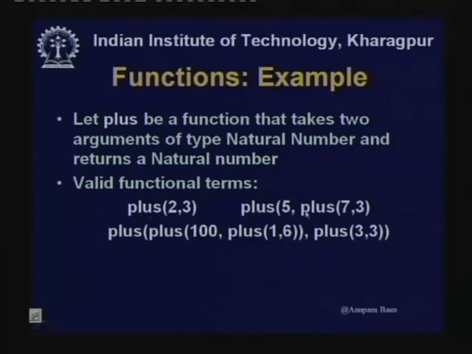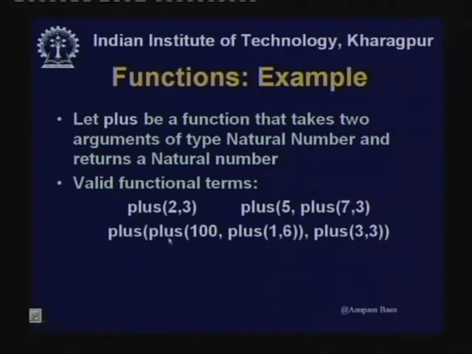Plus 5 plus 7 3 is also a valid function, because plus 7 3 will return an object of type natural number, that is 10, and then plus 5 and 10, both belonging to natural numbers, will add up and return natural number 15.